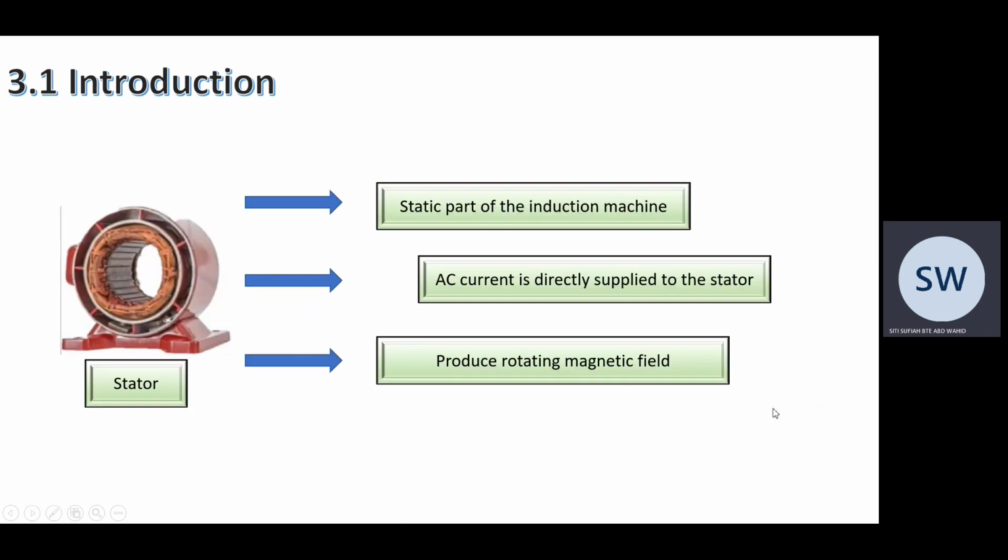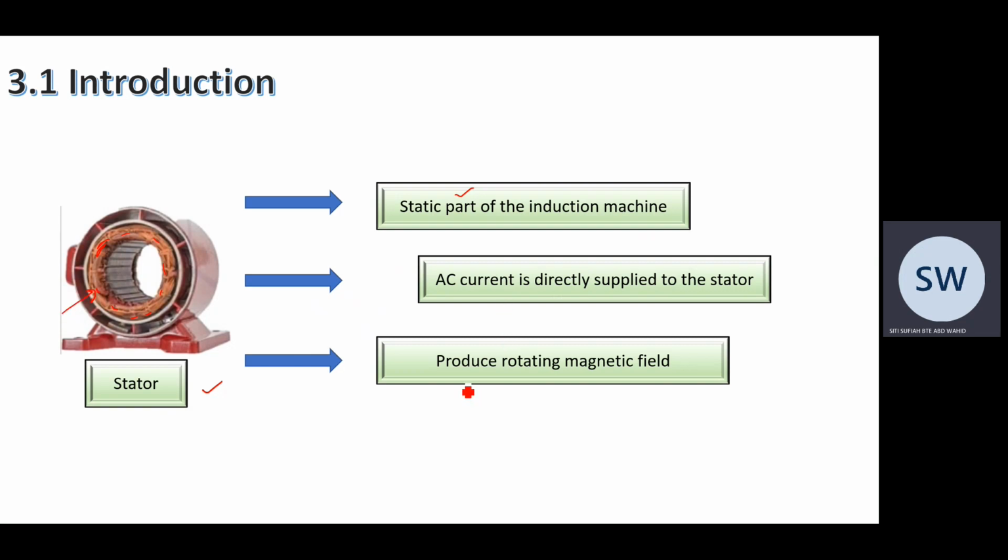On the stator, as you can see here, there are windings. So AC current is directly supplied to the winding on the stator here.